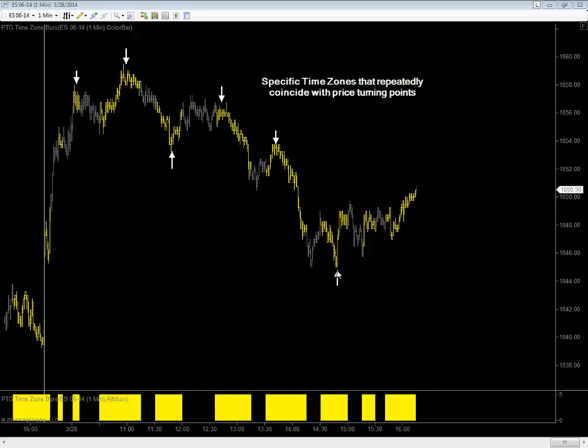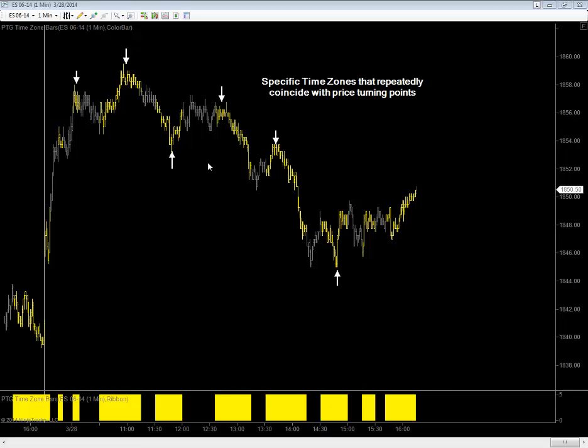And then late in the session, the market put in a low pretty much right where it was anticipated in terms of a time zone, and you see that we got a double bottom late in the day.